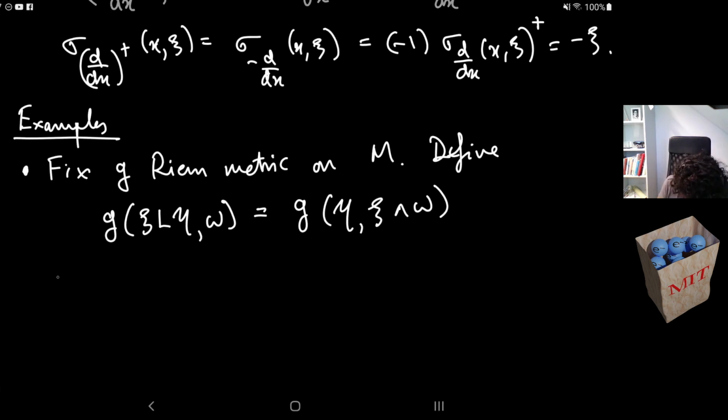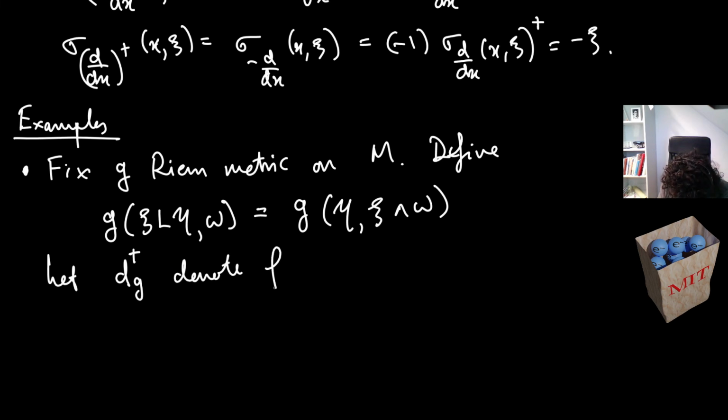and let d dagger g denote the formal adjoint. Okay. Yeah, so it's the interior product or the cut product, depending on which way you want to think about it.